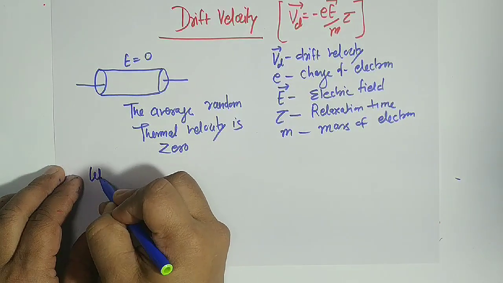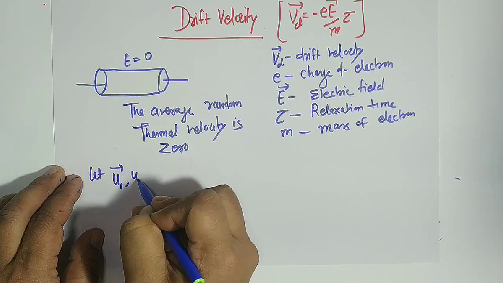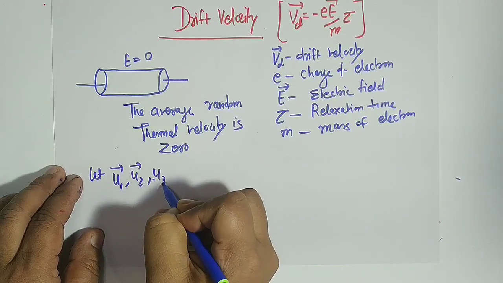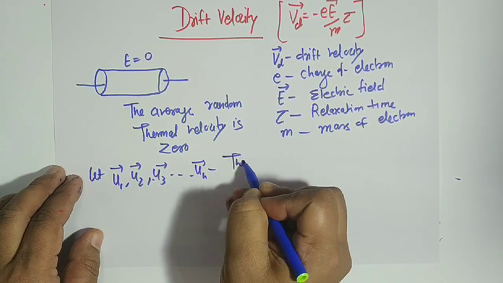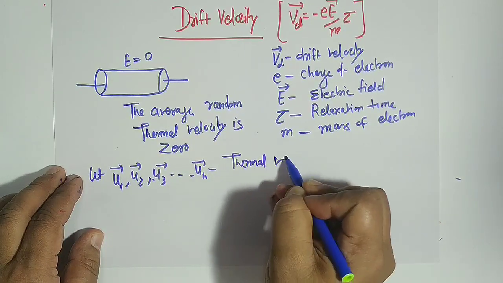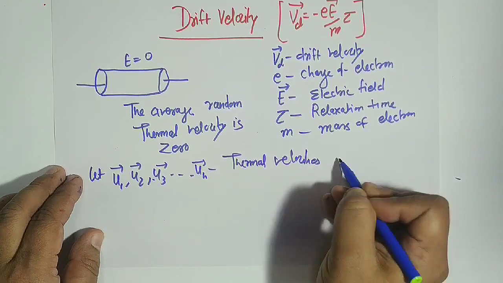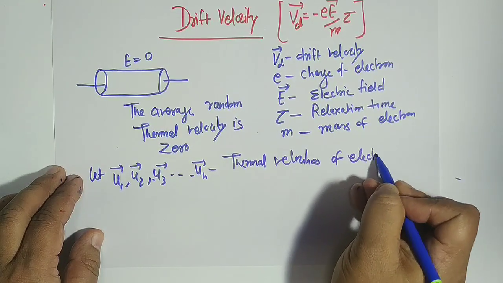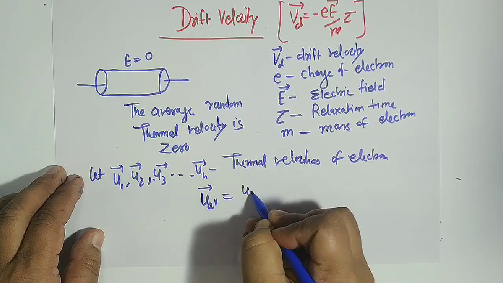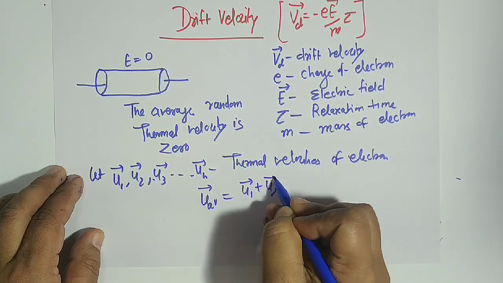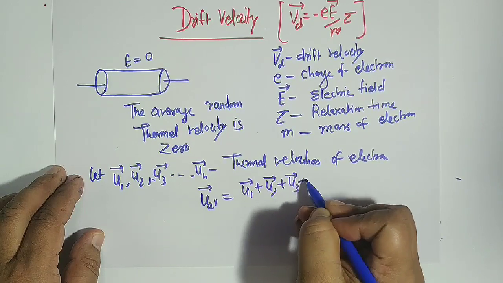So consider that u1, u2, u3, up to un are the initial thermal velocities of the electrons. We know that their average will be zero.